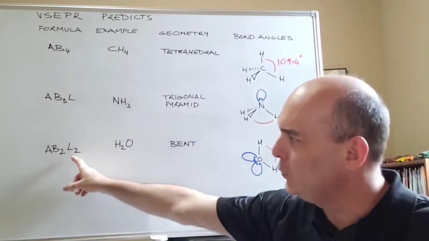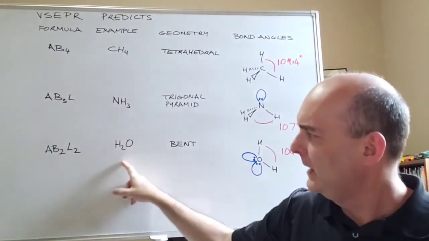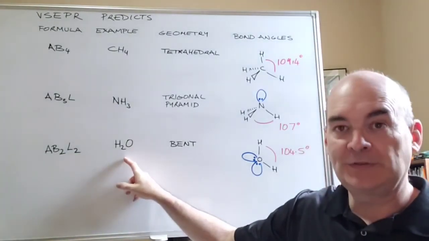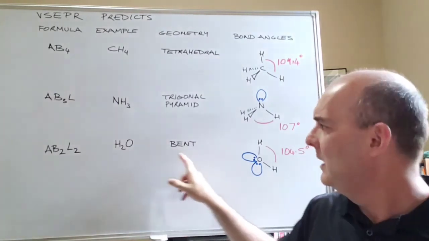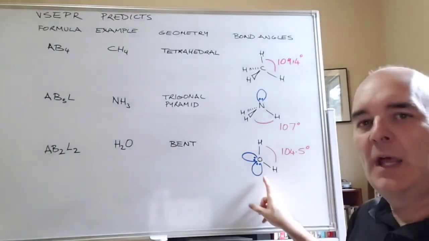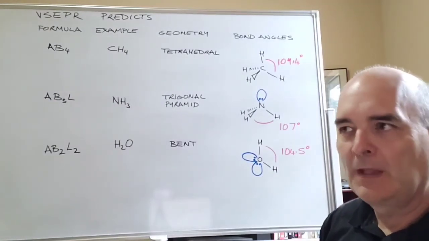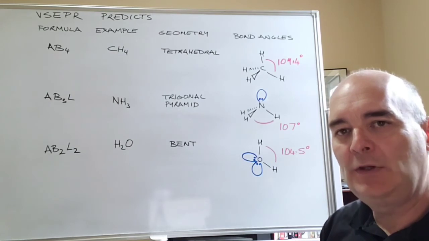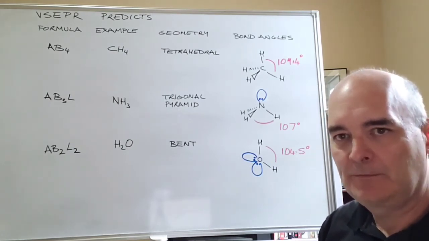If I put 2 lone pairs of electrons into my formula, again, by moving one position to the right on the periodic table, I make water. And this is where we realize that with a 3-dimensional model, there's absolutely no way that water could be linear.